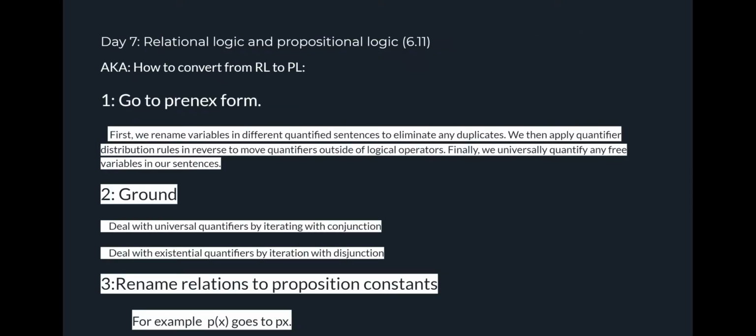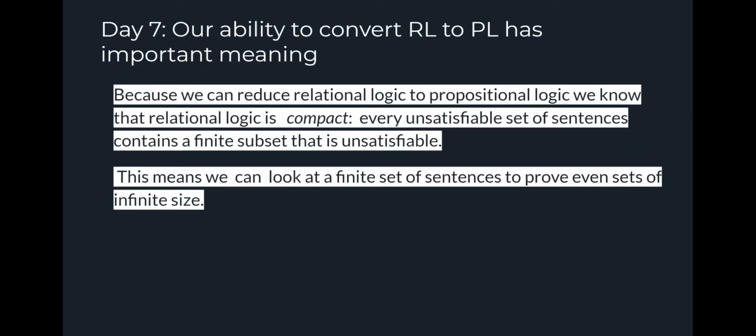And more generally, we can convert from relational logic to propositional logic using this lovely formula, which fundamentally pushes all the quantifiers to the left, grounds the logical sentence that we have then, and then renames relations to be propositional constants.